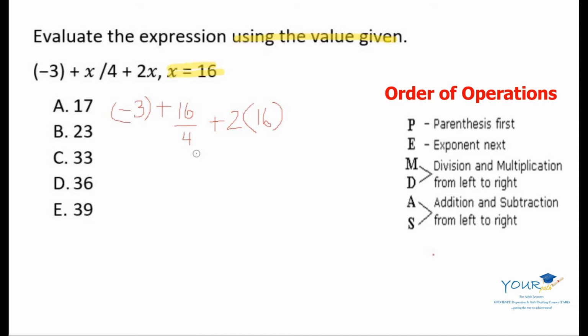We're going to get rid of this improper fraction. Divide 4 into 16, which will give us a 4. And then when we multiply 2 times 16, that's going to give us 32.